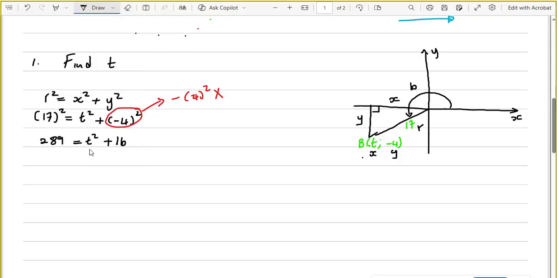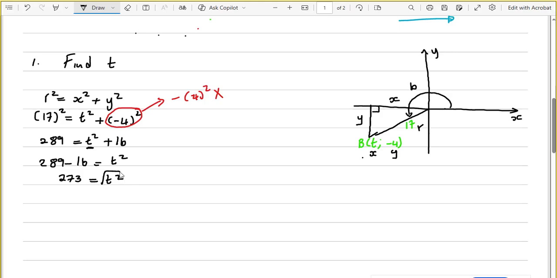So now the aim is to isolate this T. The 16 comes to the other side to be negative, and this is just T squared. So I need you to subtract 16 from that 289. What is 289 minus 16? 273, and this is T squared.